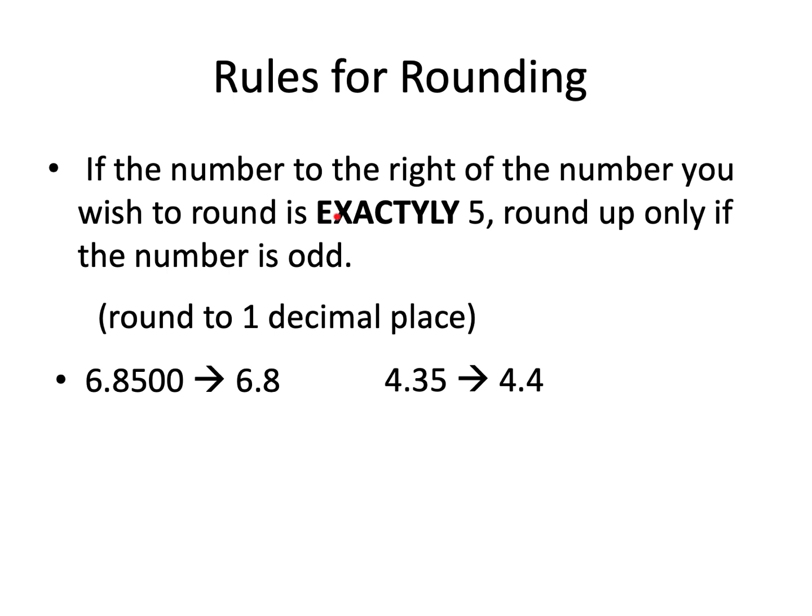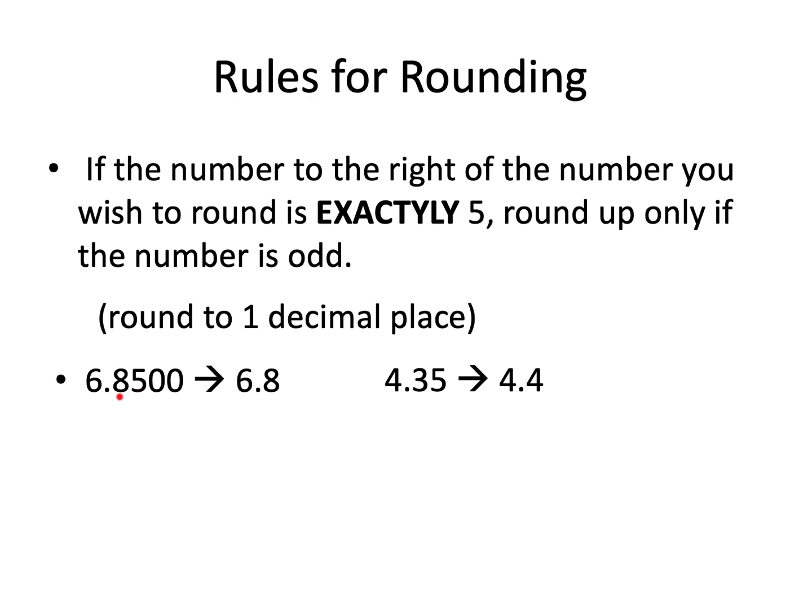What if it's exactly 5? The number to the right of what you want to round is exactly 5. Then you only round up if that number is odd. In other words, let's look at this number here. I've got 6.8500, not 501. If it were 501, you'd round this 8 up to 9. But it's 500. It's exactly 5. And so the rule says I don't round it up if this digit is even.